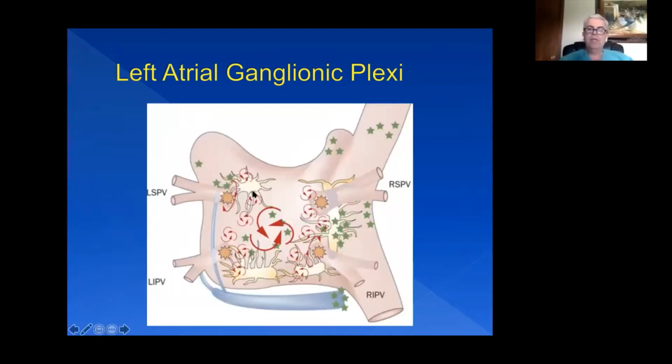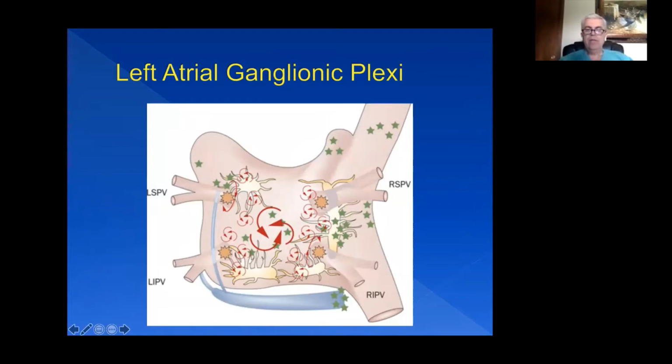And this is the same posterior view of the left atrium. This is left pulmonary veins, right pulmonary veins, left atrial appendage, and these are the structures we call the ganglionic plexi. And a diagram showing what we call re-entry circuits or low amplitude fractionated electrograms we target with ablation.